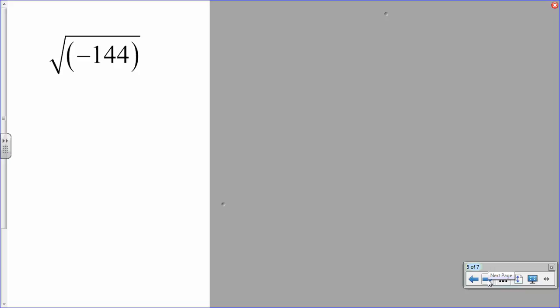Do a few more. So the square root of negative 144 is 12i. Yep.